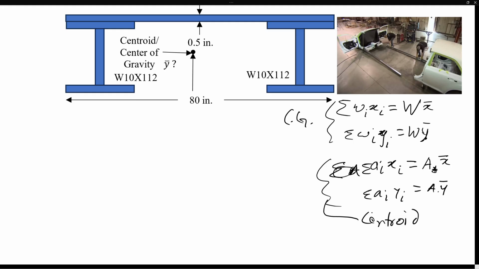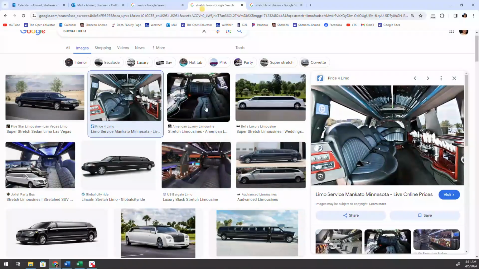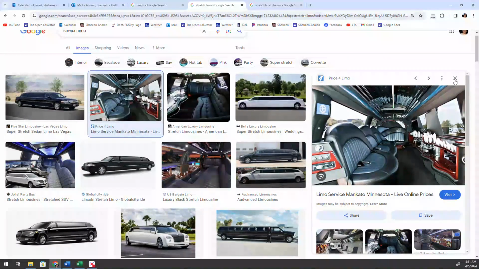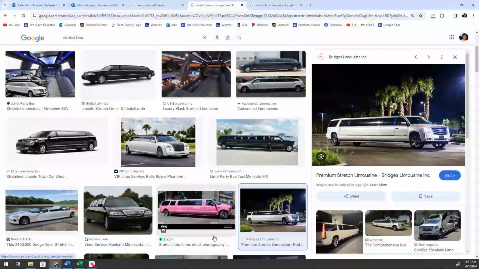Now, in this example, what you're seeing here is called a stretch limo. You have probably heard about it. Basically, they use a large SUV, like this Escalade, and cut it into two pieces in the middle, then insert a section in the middle.